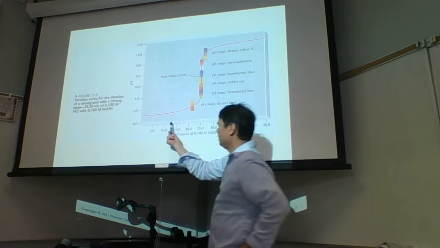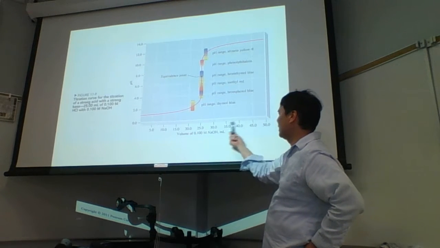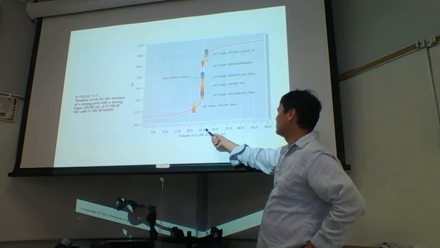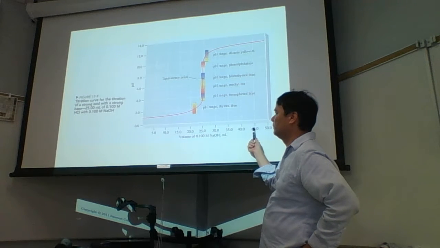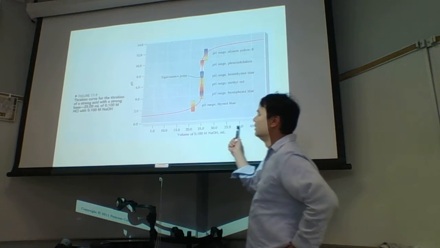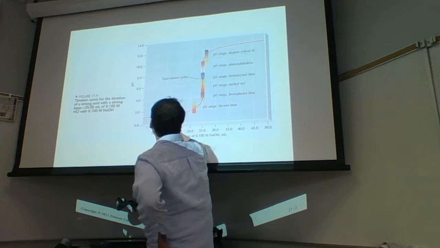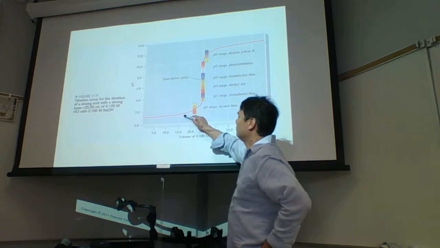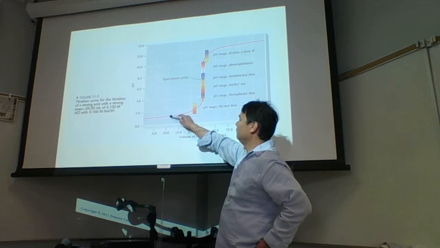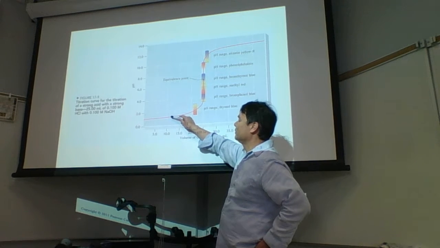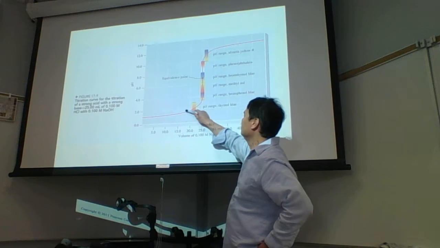And so the base goes into the burette, so we just add the titrant, sodium hydroxide, to the acid, which is in the beaker or the flask. And the pH is going to stay low because we don't have enough base to neutralize all the acid. And so this is excess acid.